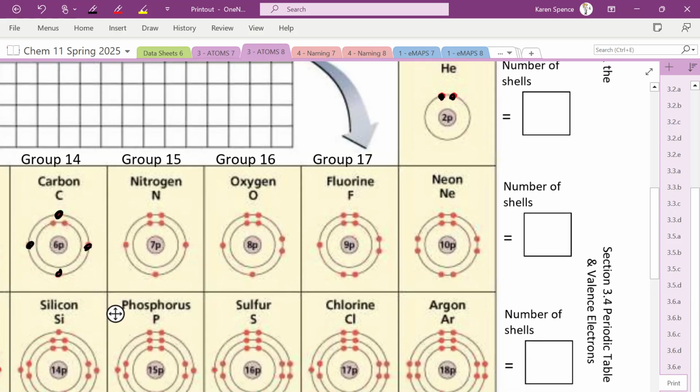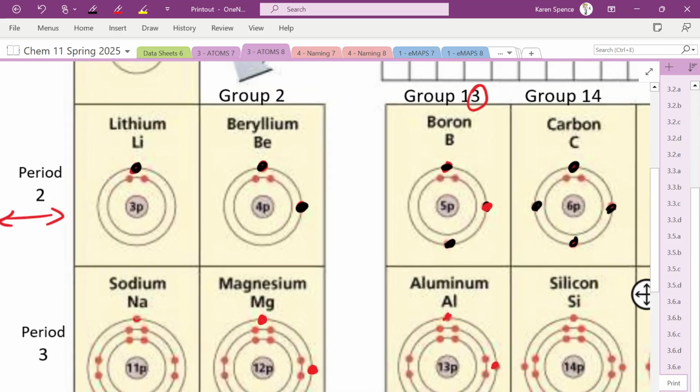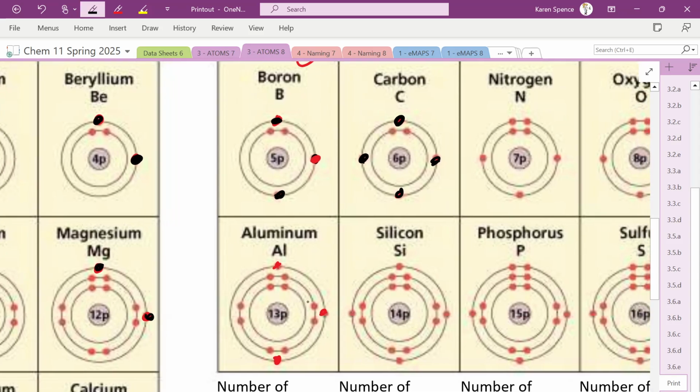Now, if we look at the row just below that, lithium and sodium both have 1 electron, because when we start sodium, we're starting a new shell. Yes, when we start a new row, we start a new shell. Magnesium has 2, just like beryllium has 2. Aluminum has 3.